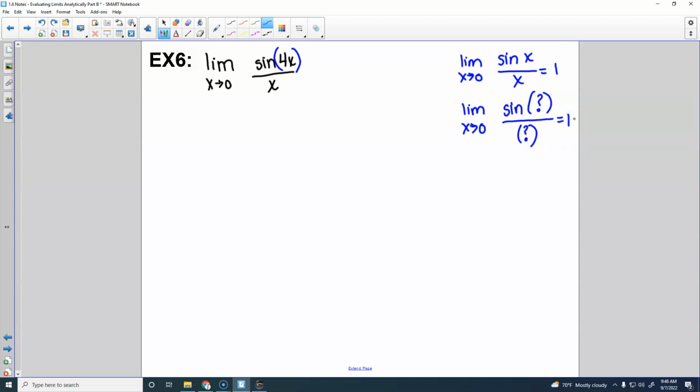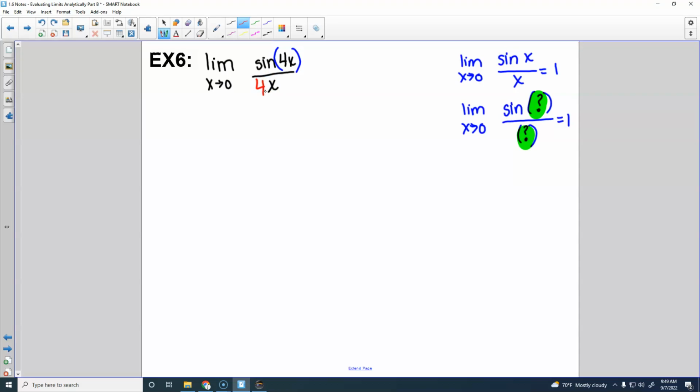All right? So if I had sine of 4x over 4x, that limit would still equal 1. So as long as these two pieces, whatever they are, match each other, I would get a 1 here. So it would be really great if I could just do that. But can I do that? No.